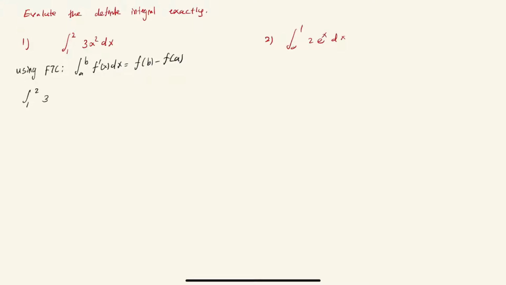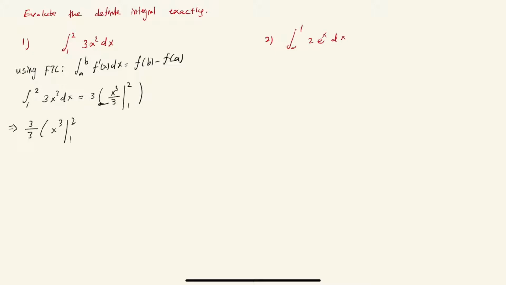Here, the definite integral from 1 to 2 of 3x squared dx is going to be 3, multiplied by the antiderivative of x squared, which is x cubed over 3, evaluated at the limits of the integral. Now I'm going to pull 3 out, so we have 3 over 3, which cancels and equals 1.